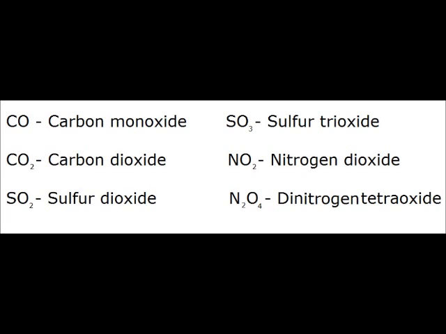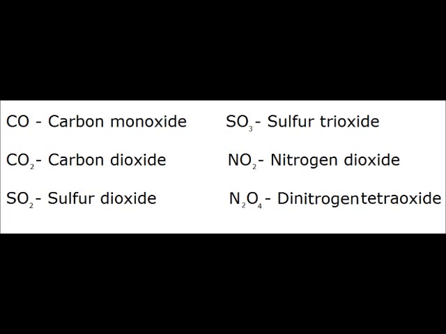A lot of the sulfur gases have that nasty rotten egg smell. If you look past that, the SO3, I have sulfur trioxide. Then I have nitrogen dioxide. And then finally, here's an example where I have more than one of the first element. Dinitrogen tetraoxide, right? 2 nitrogens and 4 oxygens.